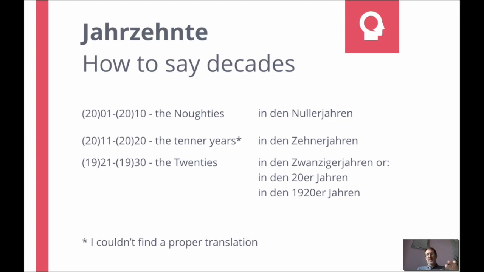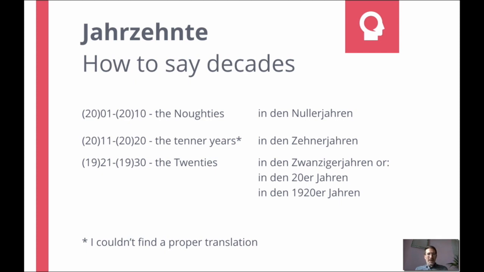This is how you could be very precise. But right now if you say in den 20er Jahren, it must mean of the last century, or it is clear by the context that you have used before.